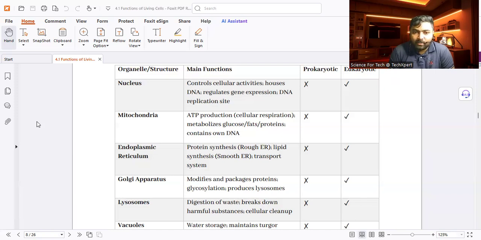What is meant by gene expression? Gene expression means all the genes within ourselves. That means my gene expression and your gene expression are not the same.